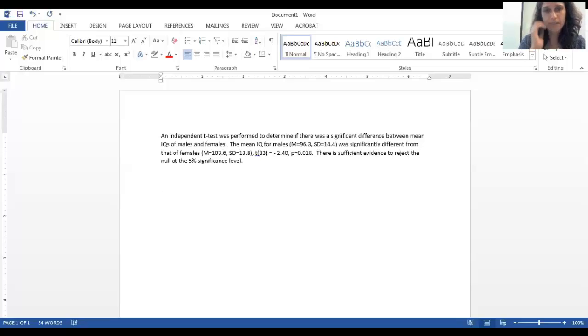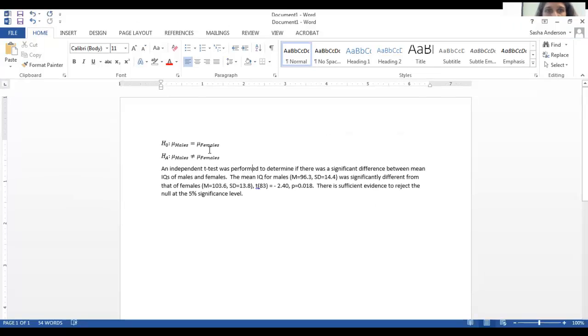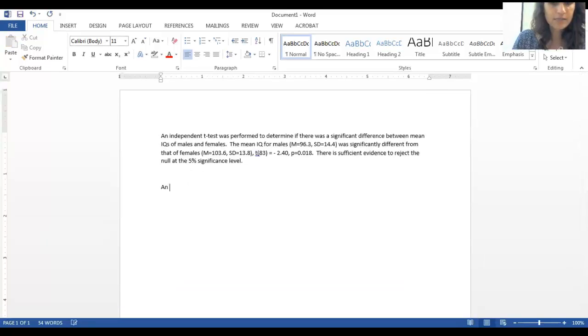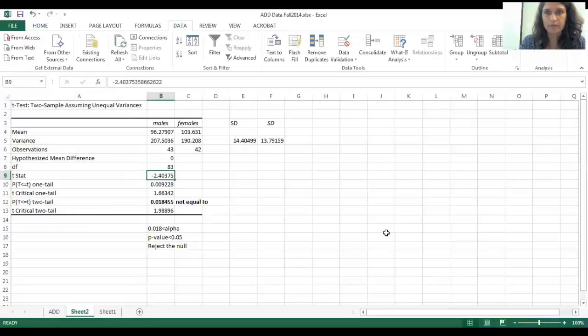The other half was the test of proportions. So all you have to turn in for step 5 are 2 paragraphs. So the next one will be an independent test on proportions was performed to determine if, okay, so let's go back to our data, and we have to actually figure that part out.